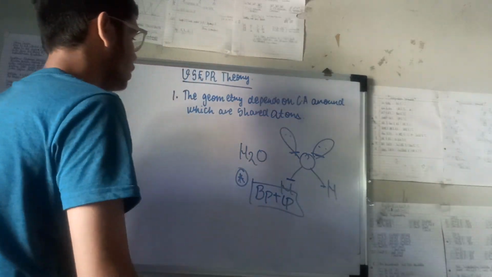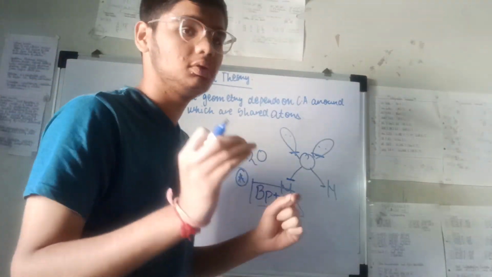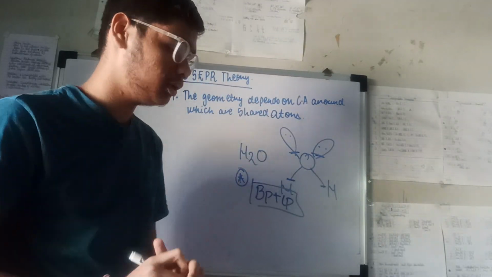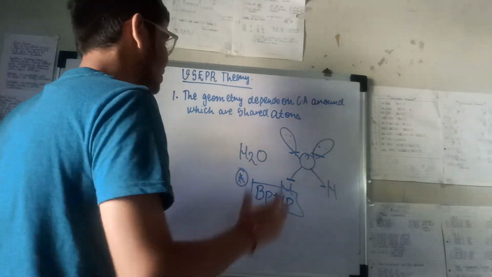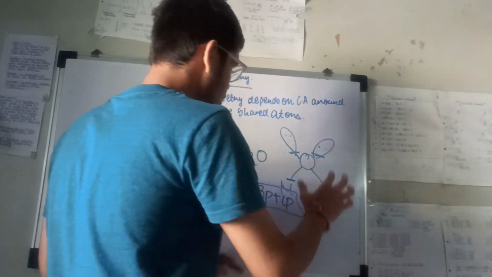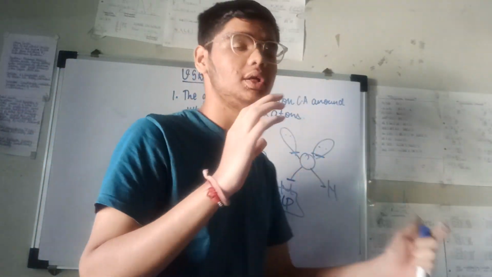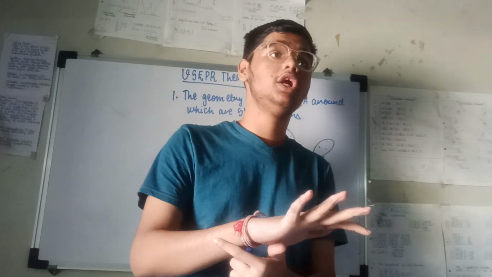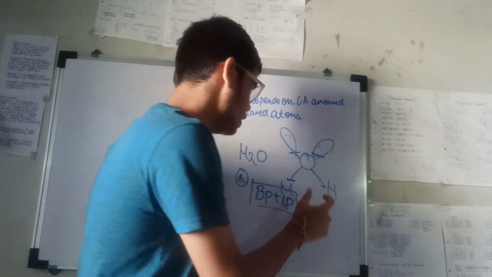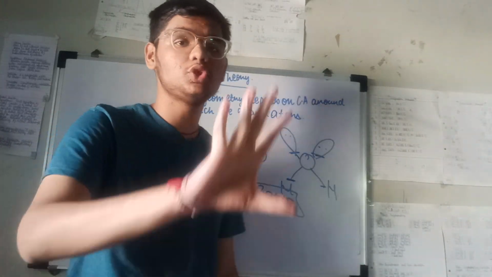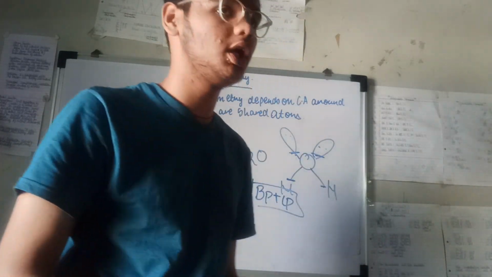This is the meaning of the first postulate, that if you are talking about the geometry of the molecule, you have to consider the whole system in which the central atom is bonded or not bonded. Means bond pair plus lone pair gives us the geometry. This is the shortcut we are getting.